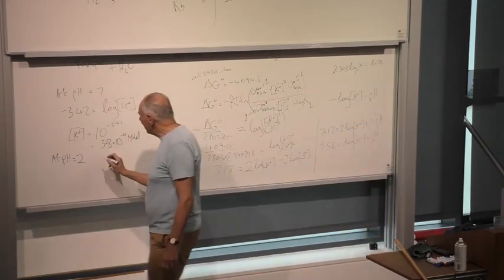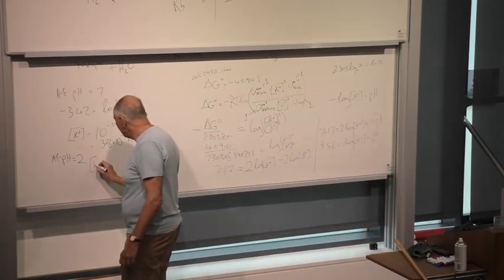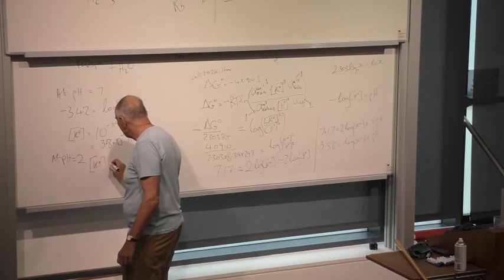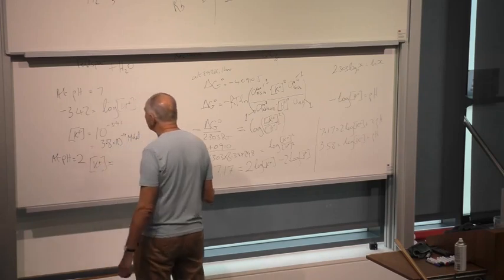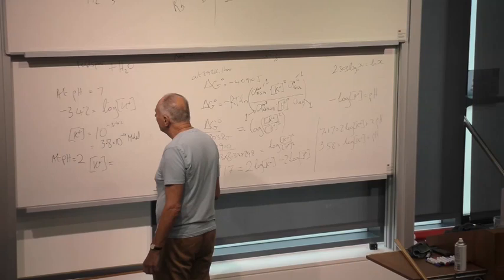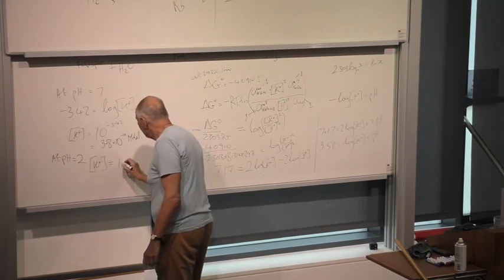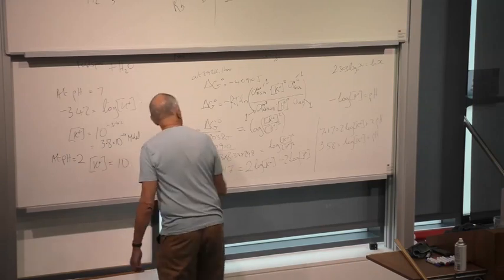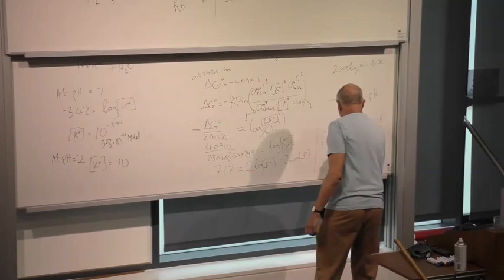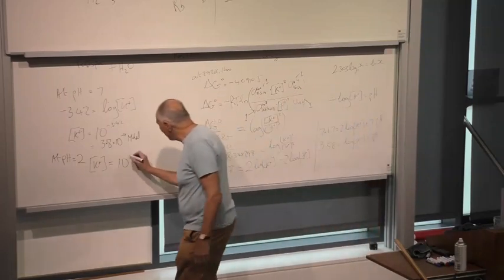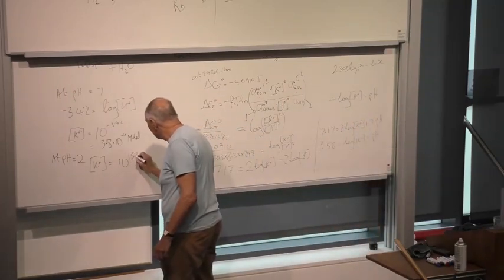The potassium ion concentration at equilibrium is going to equal 10 to the 1.58 molar.